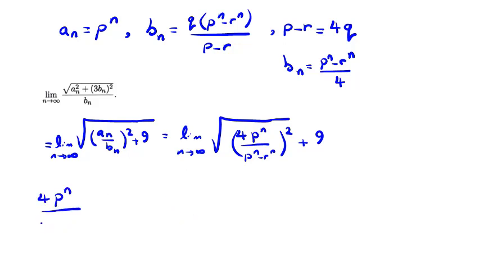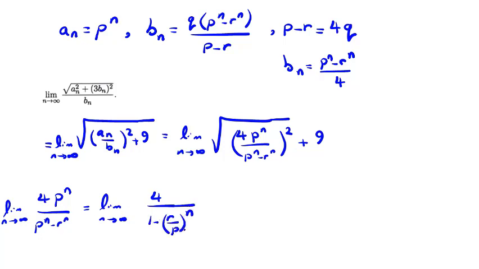So we should focus on the thing inside here: 4p^n over p^n minus r^n. If n approaches infinity, you divide both numerator and denominator by p^n. It will be r over p to the power of n. We know that because q and all of them are positive and p minus r is positive, p is greater than r.